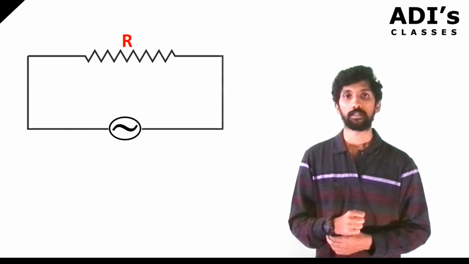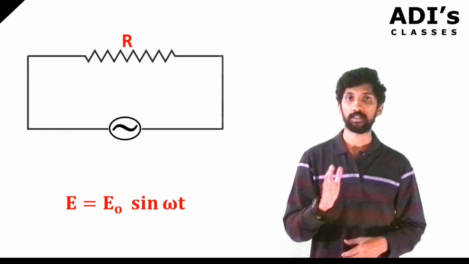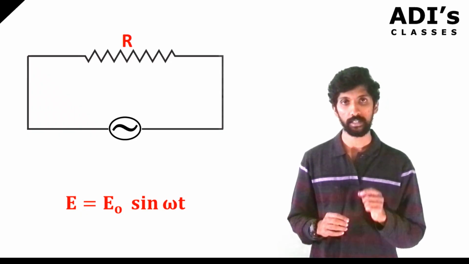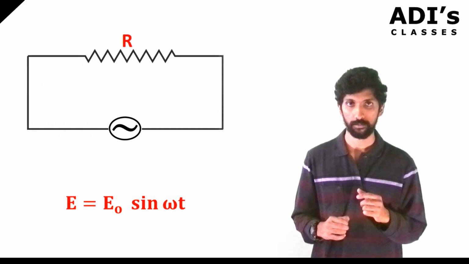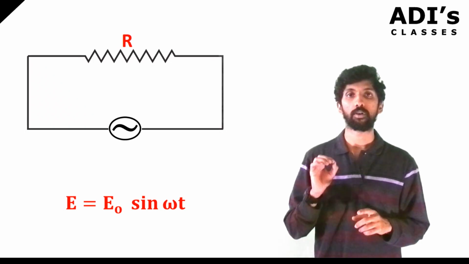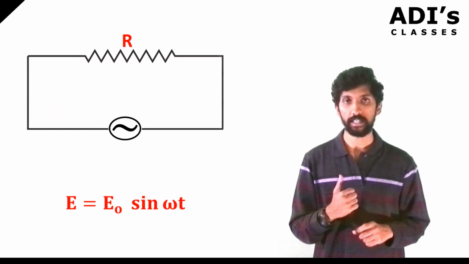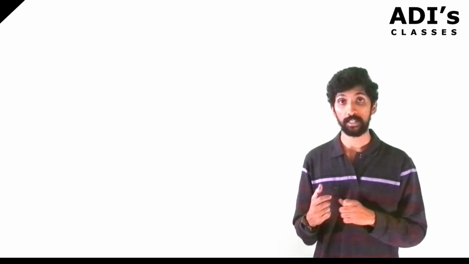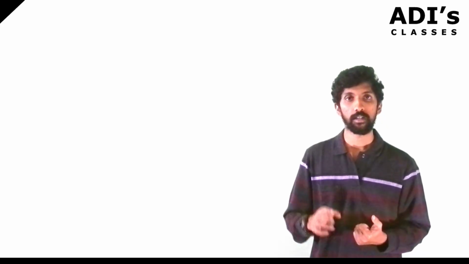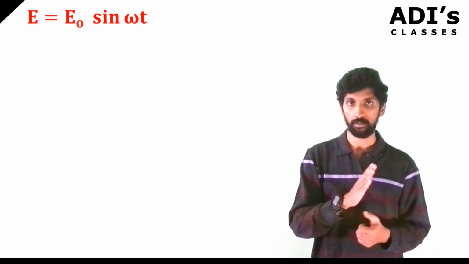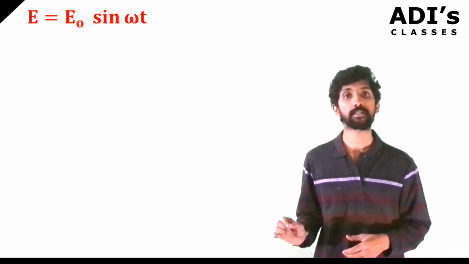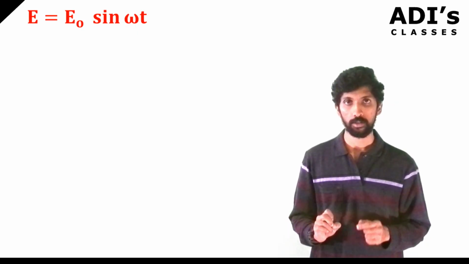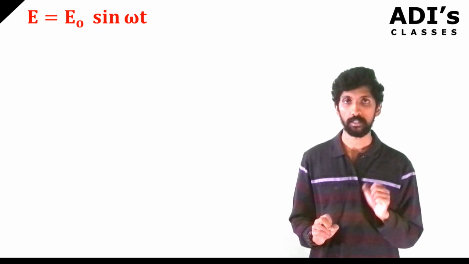Let's say E is equal to E naught sine omega t is the EMF which is coming from the source. As the EMF is changing, that means the instantaneous EMF, E is equal to E naught sine omega t. Once that passes through a resistor, a current will be drawn by the circuit, correct?